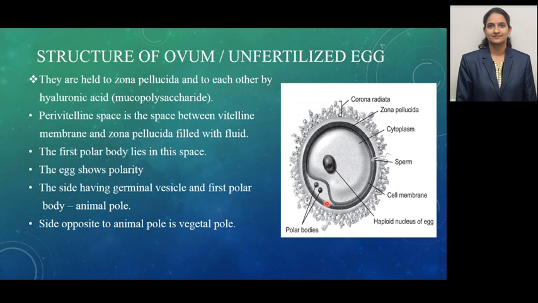The first polar body lies in this space. You can see the polar body lies in this space. The egg shows polarity. The side having the germinal vesicle and polar body is called the animal pole, and the opposite side is called the vegetal pole.